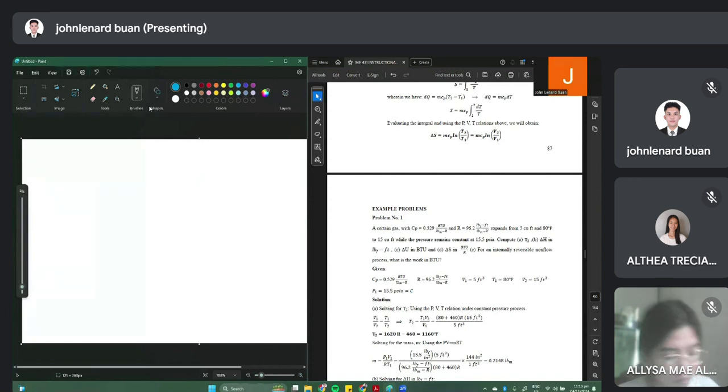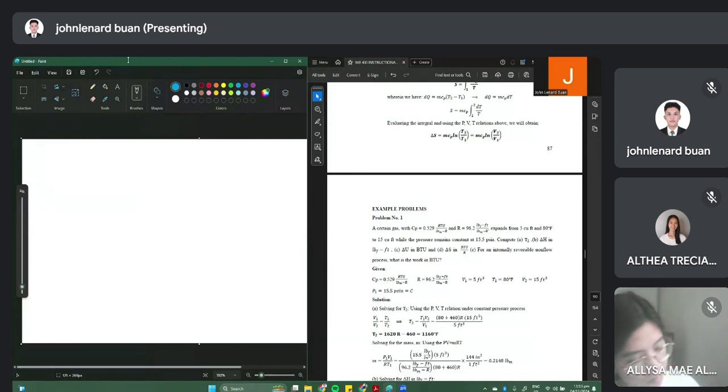Compute A, T2 or final temperature, B, delta H or enthalpy in pound force feet, C, internal energy in BTU, D, entropy S in BTU per Rankine, and lastly, for an internally reversible non-flow process, what is the work in BTU?